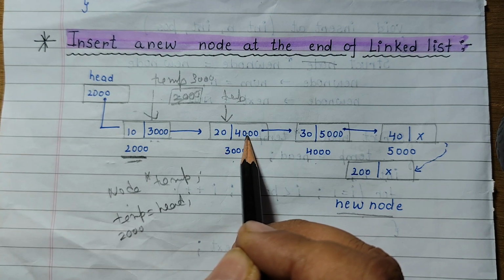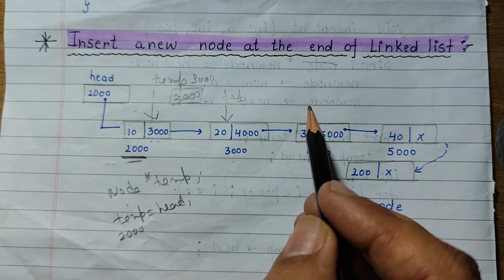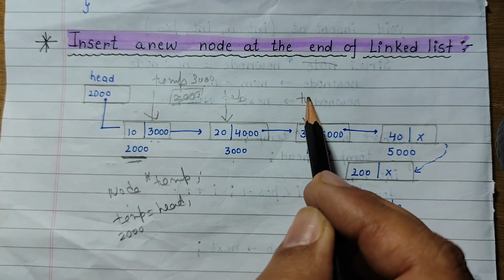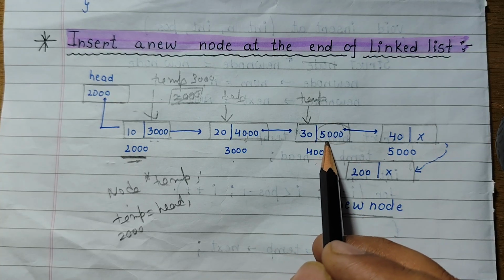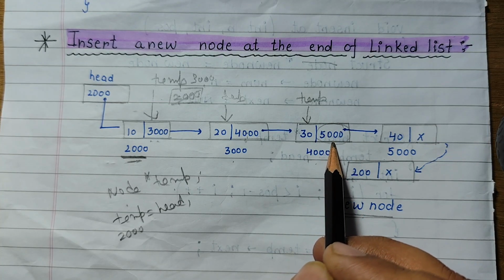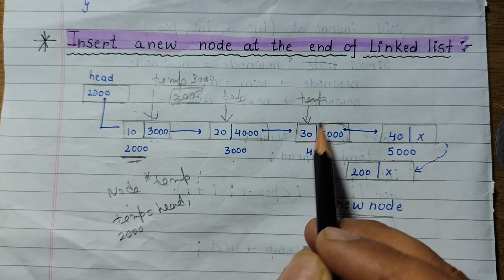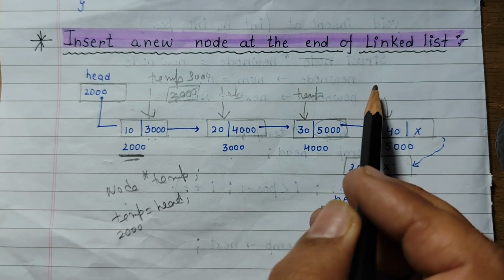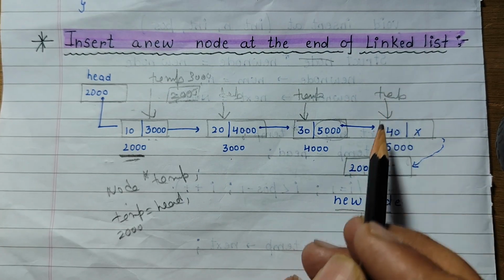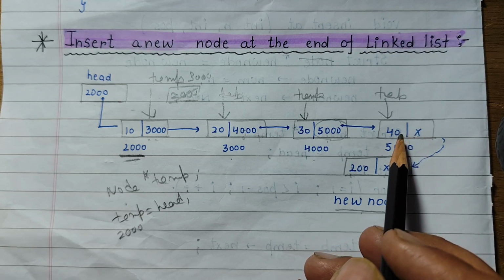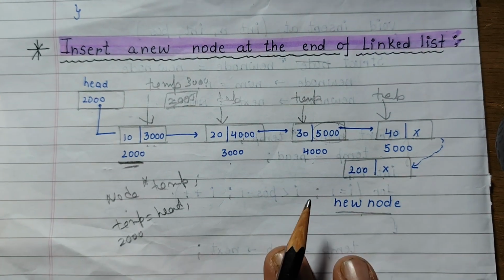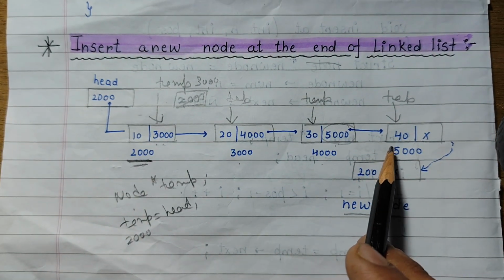It is not equal to null, so we move to the next pointer. Again we check temp of next, not equal to null, so again we move. Here temp of next is null, the condition is false, so we stop here.